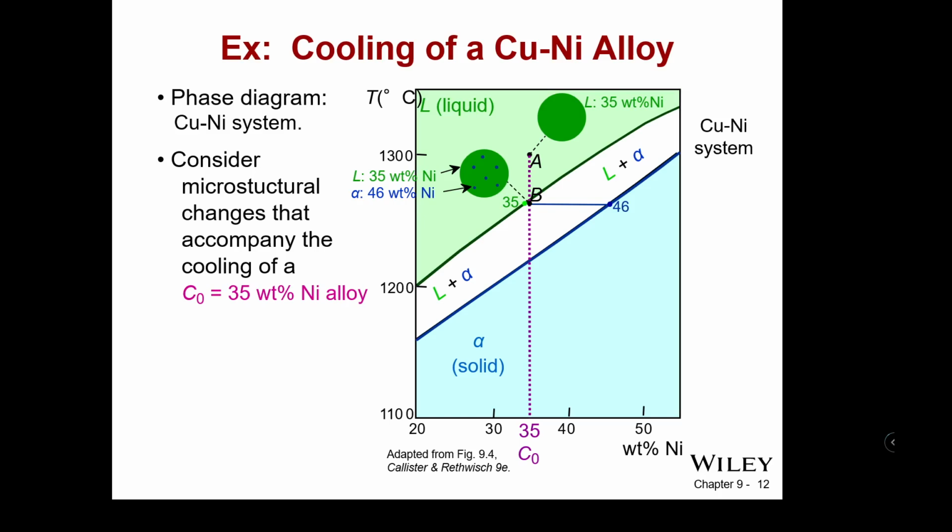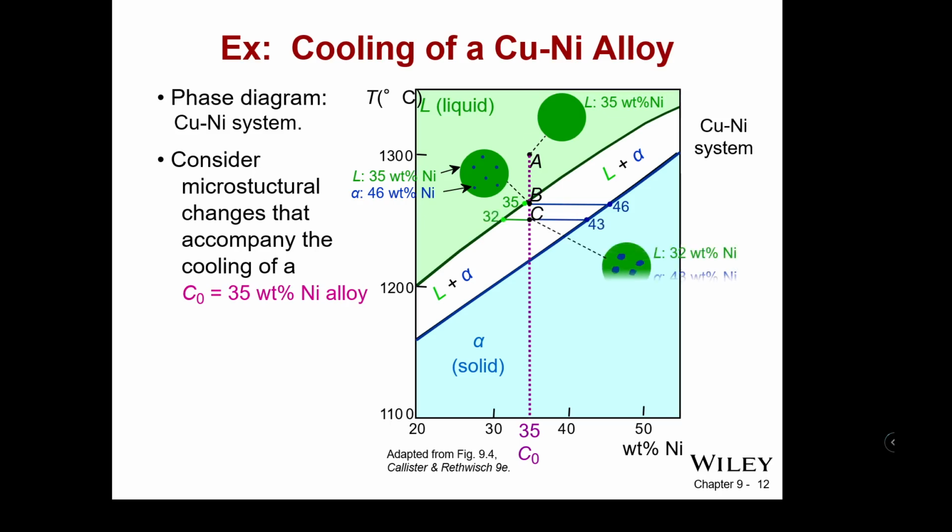So we start at 35 and 46. We draw our line. We start at 35% nickel in the liquid, and 46% nickel in the solid, just as we hit that temperature, as we hit that phase boundary.